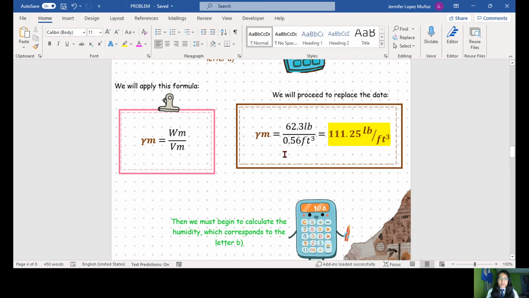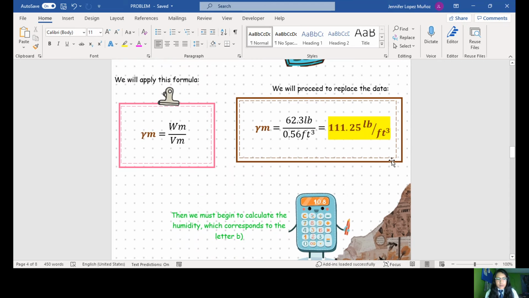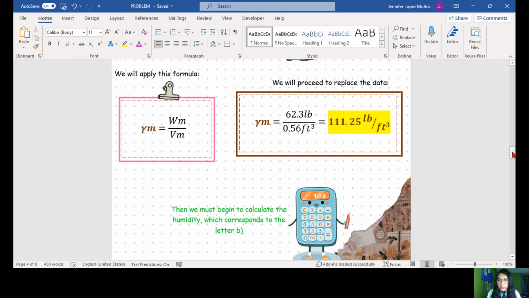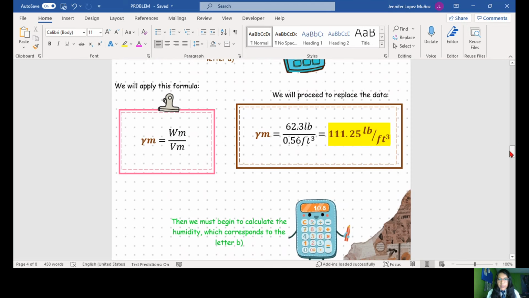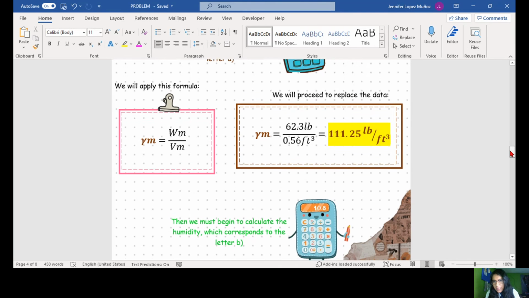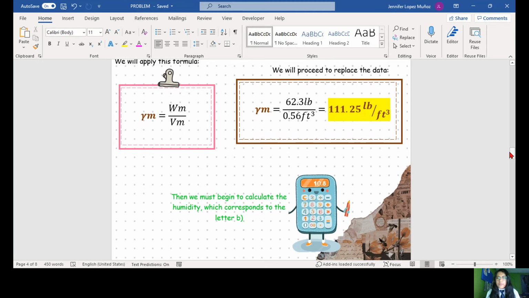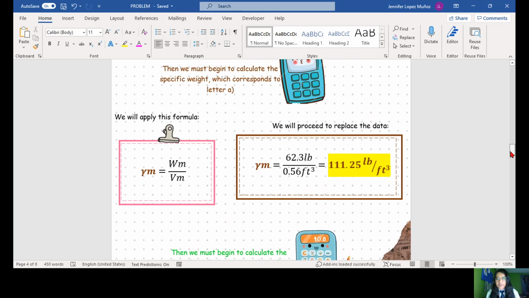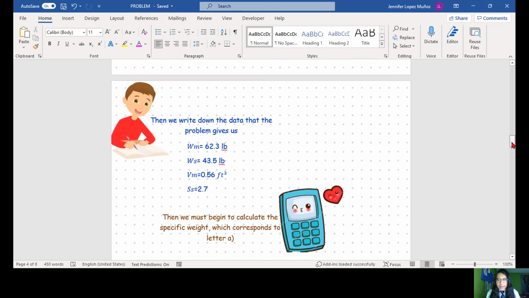In this formula, we get this result: 111.25 pounds divided by cubic feet.